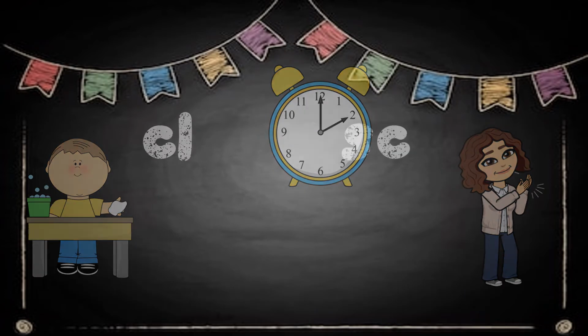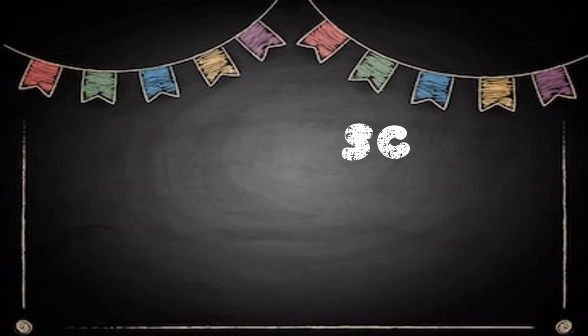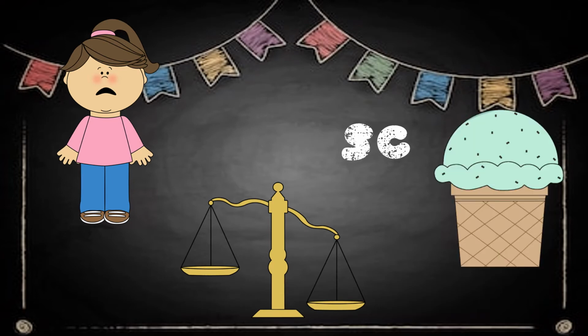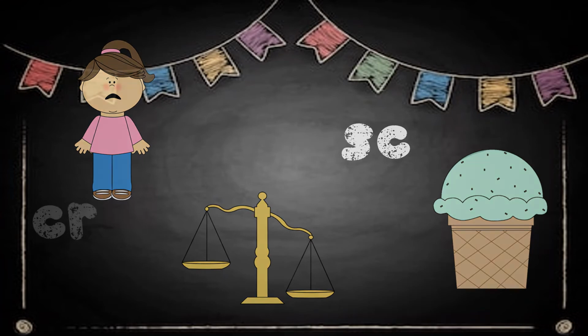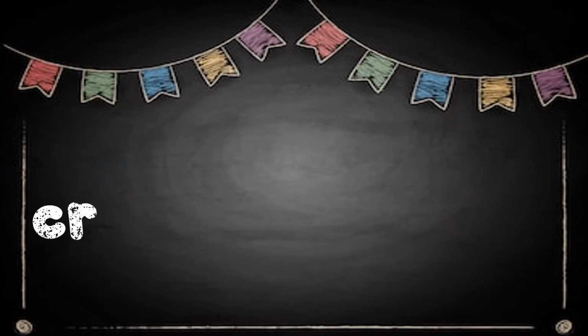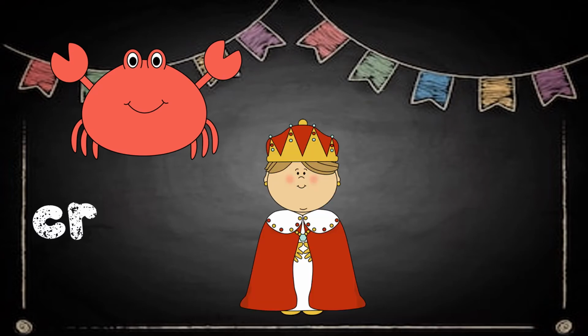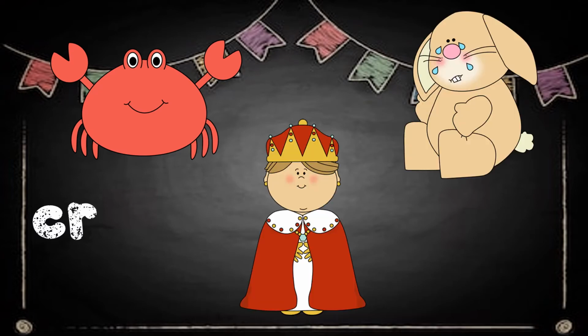We also have the SC blend, sk, as in scared, scale, and scoop. We also have the CR blend, as in crab, crown, cry.